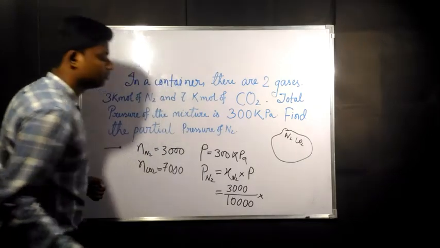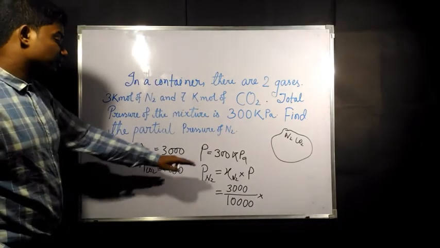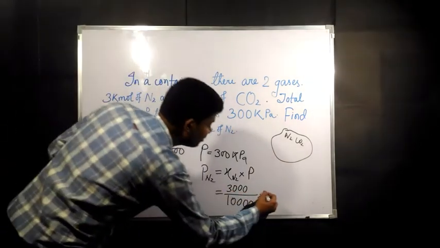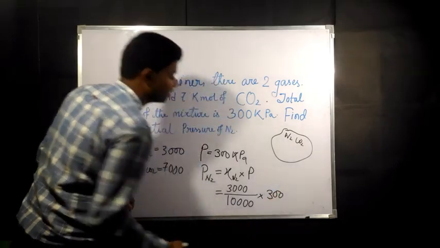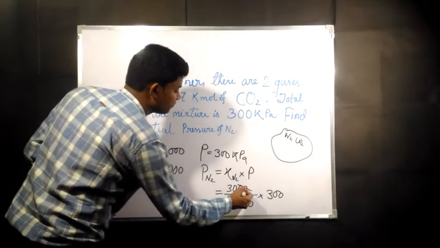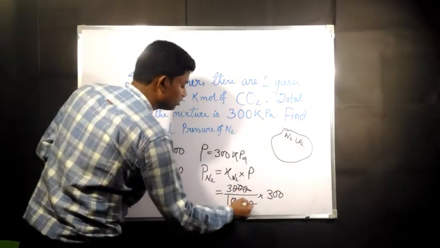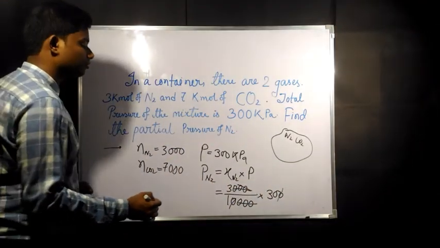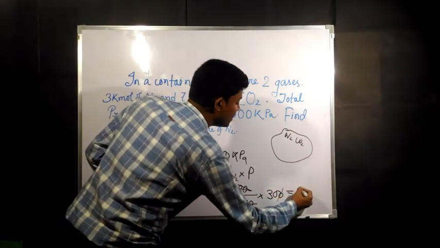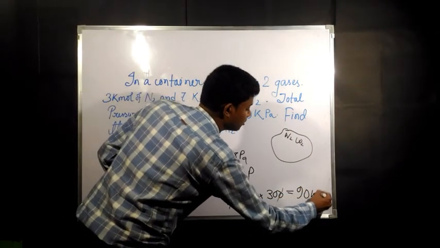Now we need to multiply it with the total pressure, given as 300 kilopascal. Cancel out 3 zeros and 3 zeros and 1 with this 0, and we get 90 kilopascal.